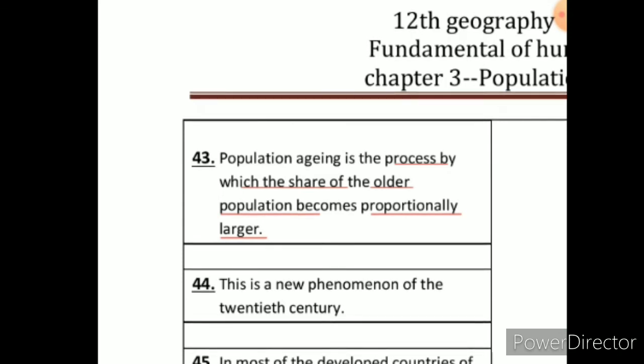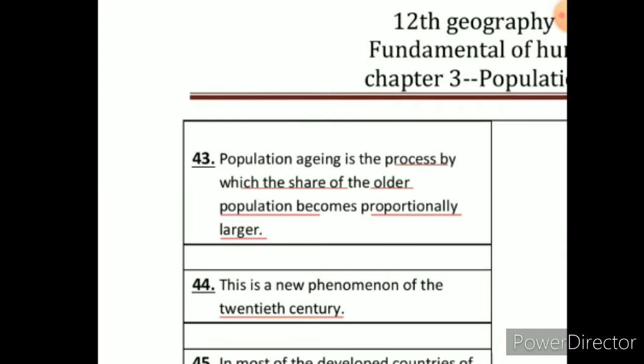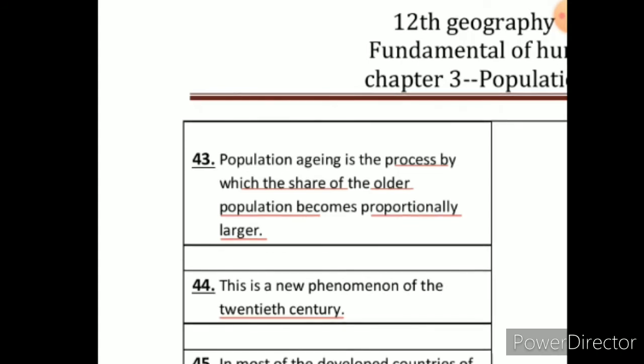Because more health facilities will be there, and the government is spending good expenditure on it. But this is a new phenomenon of the 20th century where we find aging population is more, right? Especially in developed countries it happens, where we find the higher age group has increased, especially if you take Italy, Spain.